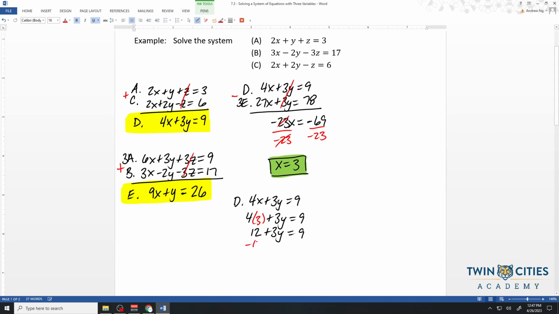We'll subtract 12 from both sides. 3y equals 9 minus 12, which is negative 3. And then divide both sides by 3. So y will be equal to negative 1.